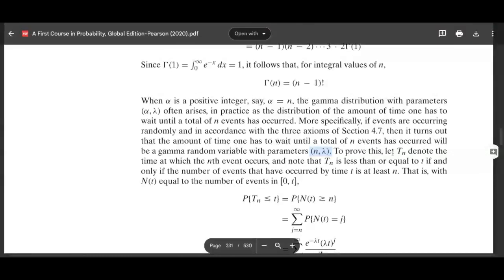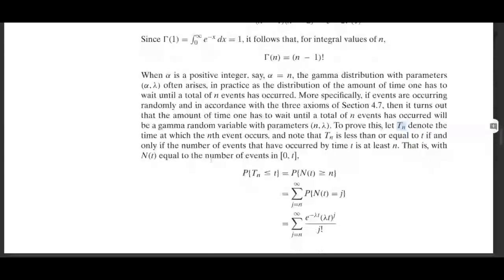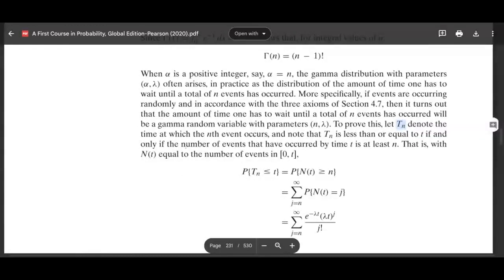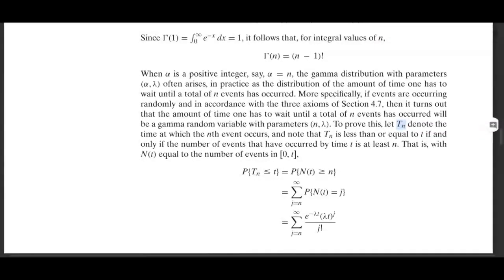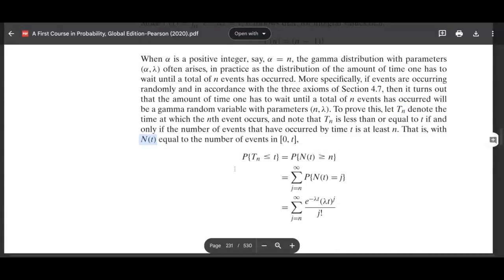To prove this, let Tn denote the time at which the nth event occurs, and note that Tn is less than or equal to t if and only if the number of events that have occurred by time t is at least n. That's when N(t) equals the number of events in the interval from 0 to t.